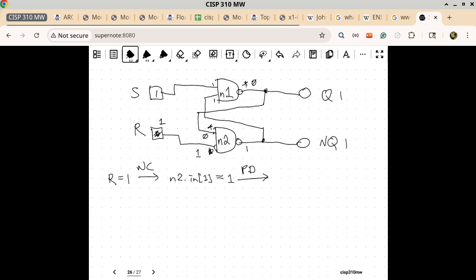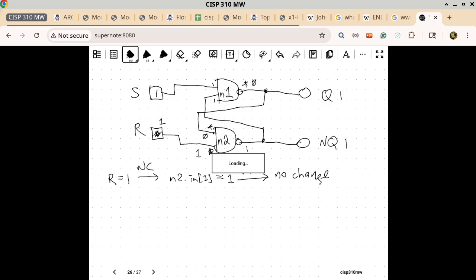Is that going to change in any way? Nope, there's no change here, because we still have this input being a 0. So even though this input changed from 0 to a 1, the output continues to be a 1. Is that okay? So once again, we have a steady state.